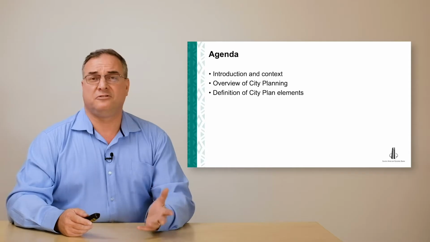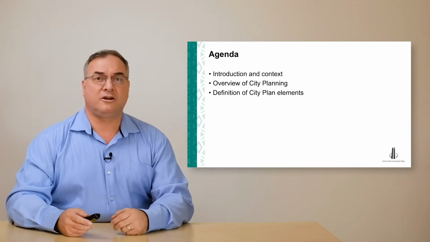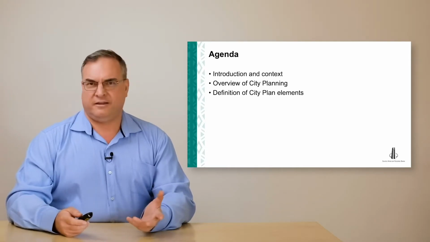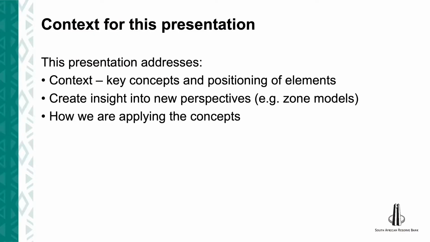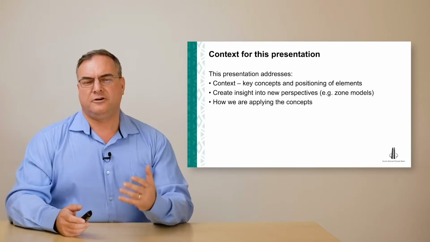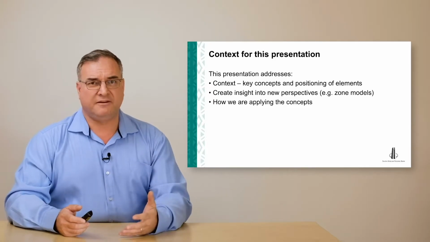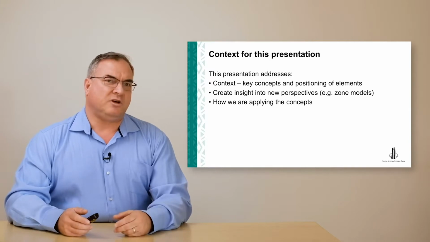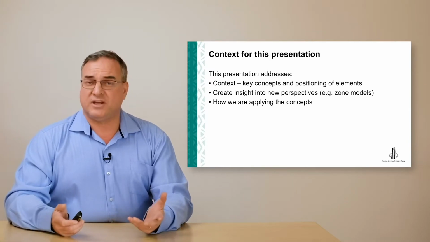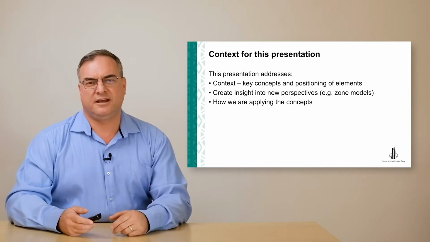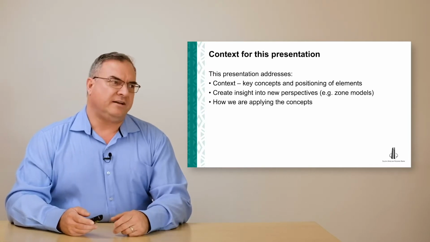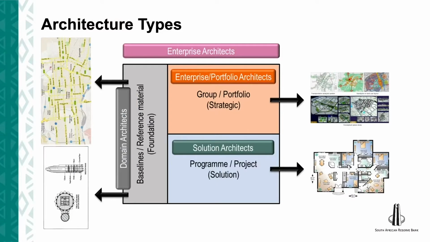I will then take you through the elements and components of the city plan and give you some examples of what we are doing in that space. Key elements that we'd like to address: the context, and how these elements of the city plan fit together. Potentially some new insights on partitioning and zoning models that we have incorporated, and how we're applying those concepts.